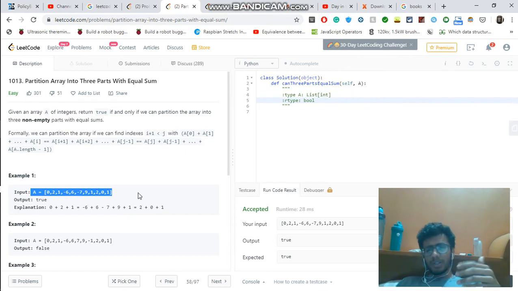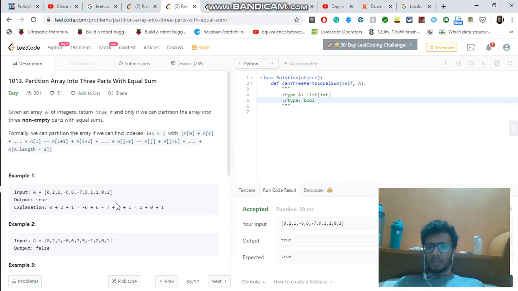Now what if the summation is divisible by 3? Let's say the summation of all the elements is 12, so 12 by 3 is equal to 4. We have to find every partition whose summation will be 4. Then only something can be done with it.